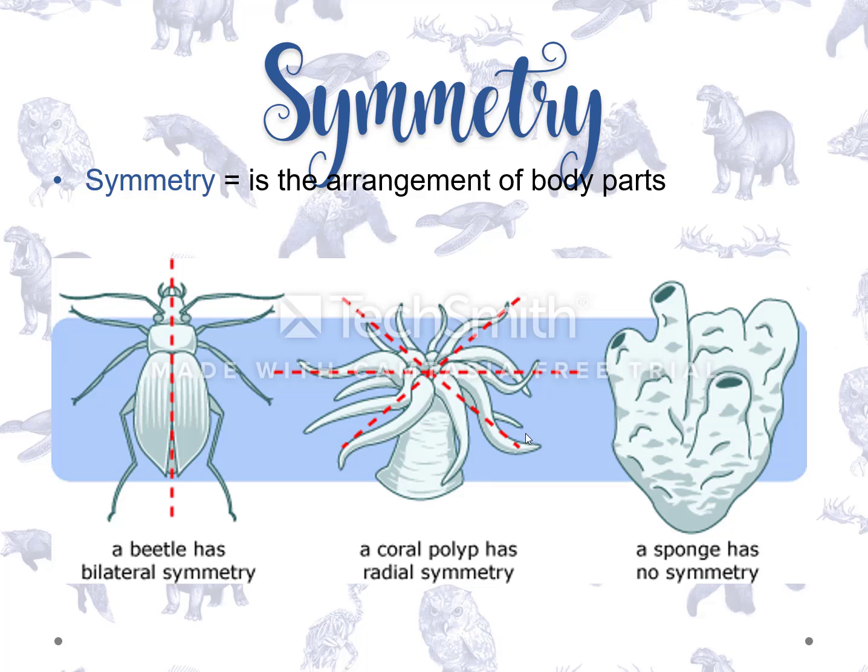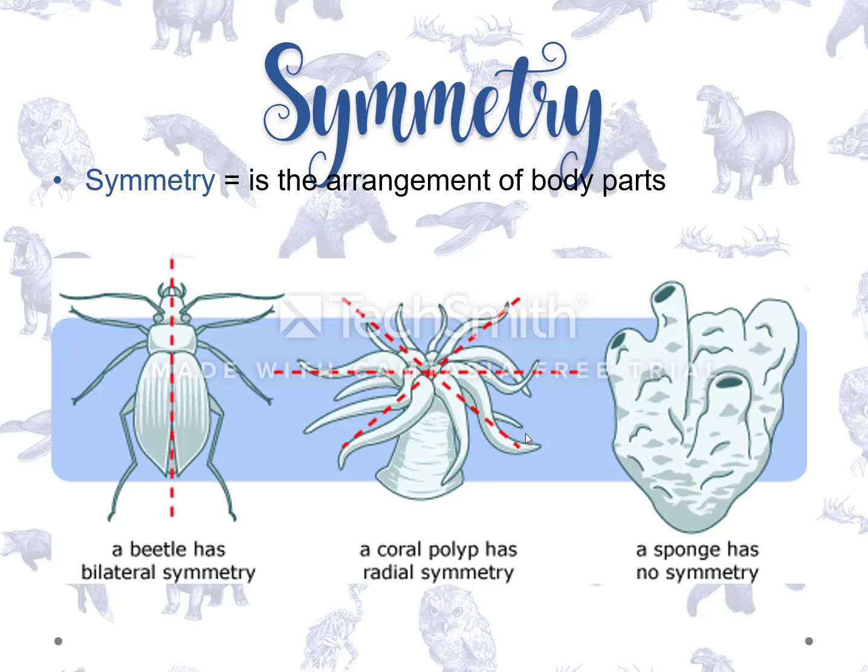If you didn't fold it through the middle, then it's not symmetrical. But as long as you pinpointed that little middle centerpiece, in whichever direction you fold it, you would be able to fold it. That is radial symmetry. So it's symmetrical along many axes of the body.